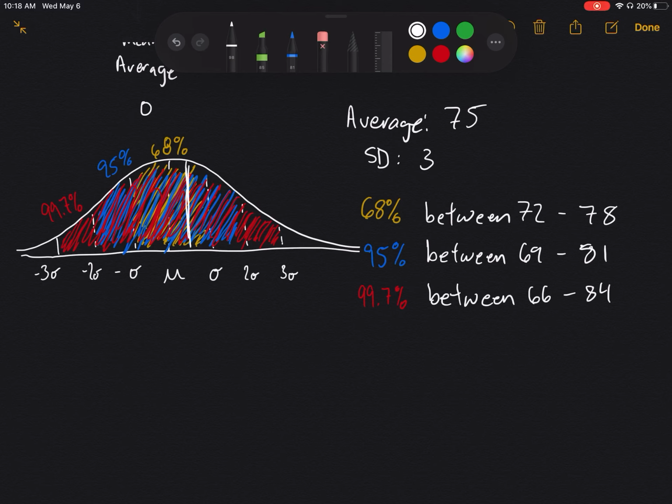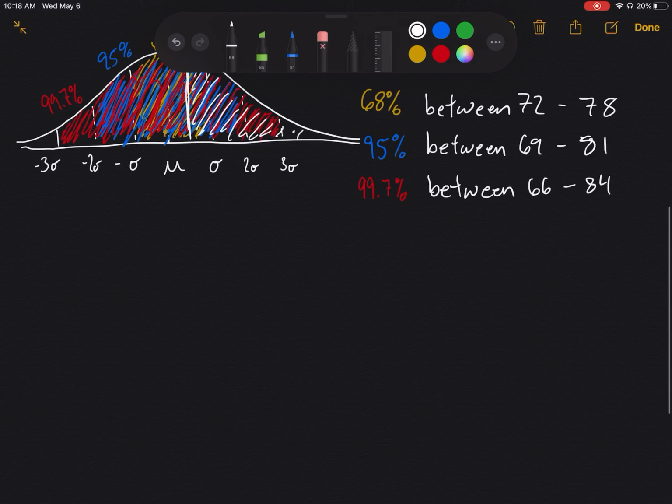And I want to ask, what are the probabilities that I get a 60, or a 76 or above, right? And so we want to find this area, and that is where our standard normal table comes in. So let's look at how that might work.